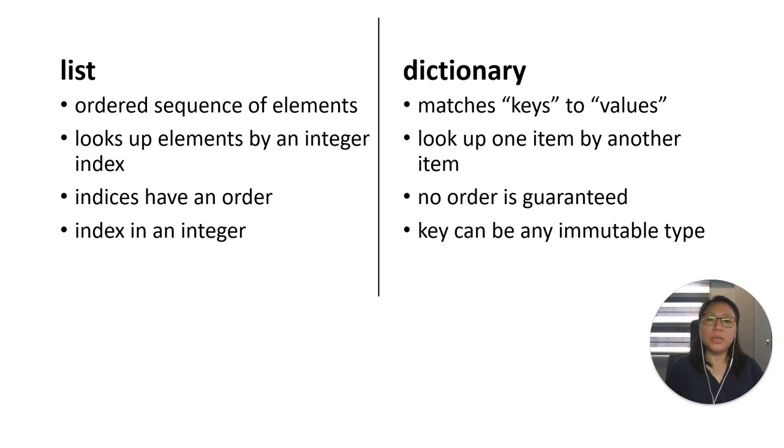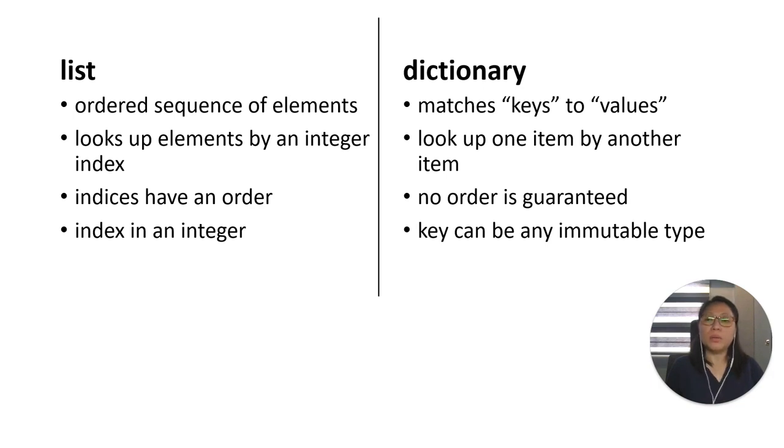A dictionary matches keys to values in no particular order. And a list looks up elements by an integer index, and a dictionary looks up one item by another item. So that one item is the key, and it may be a mutable or an immutable object.